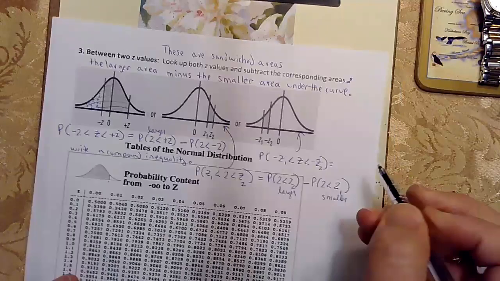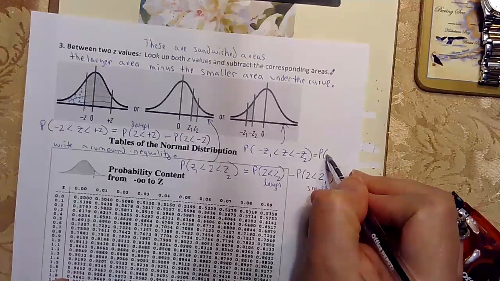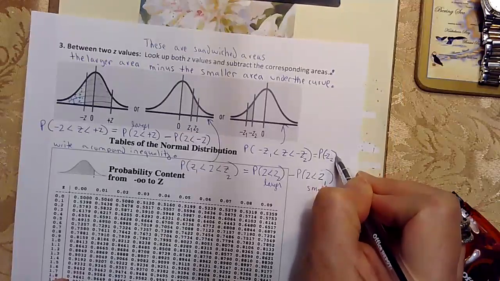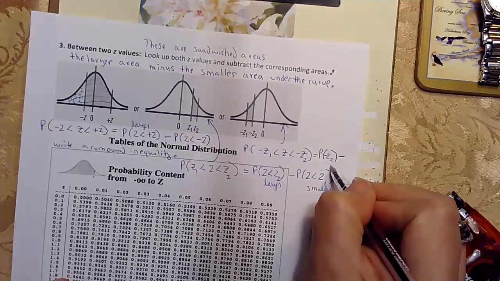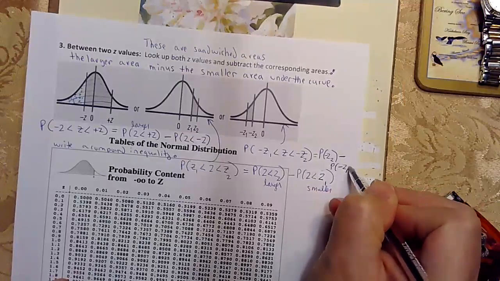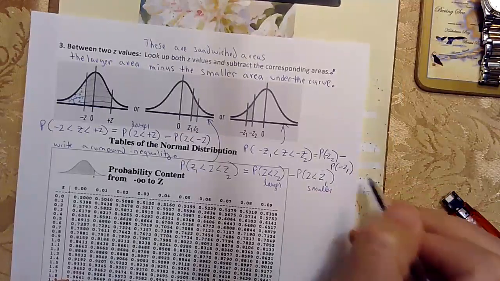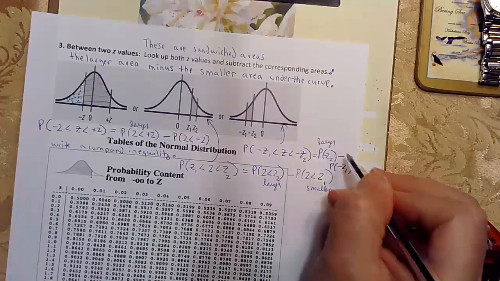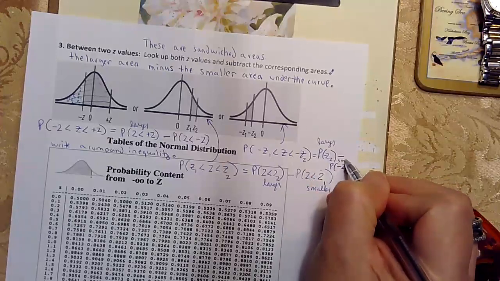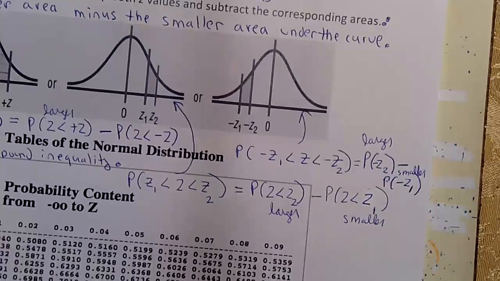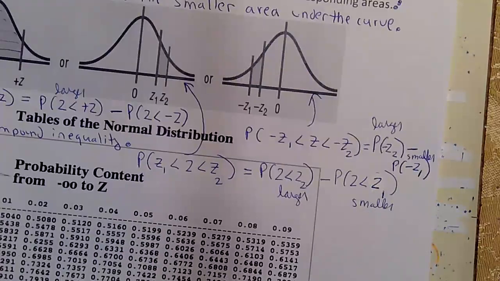And you're going to do the larger area, probability of negative z sub 2 minus probability of negative z sub 1. So the larger area minus the smaller area. Okay, so that's the general gist of that.